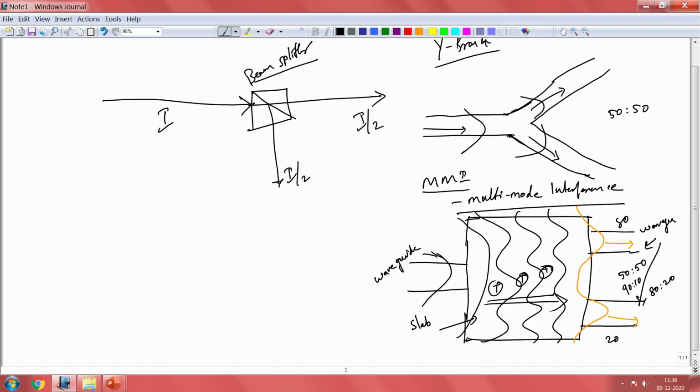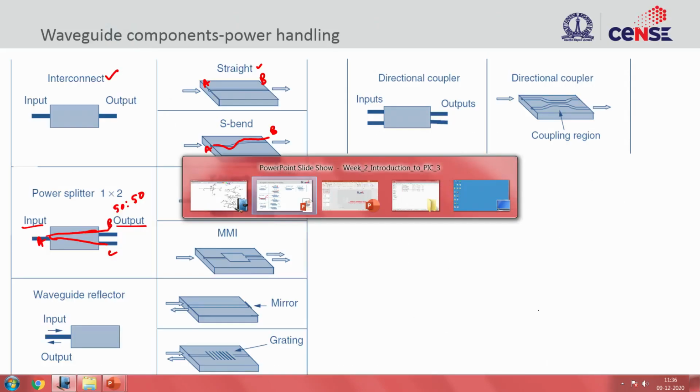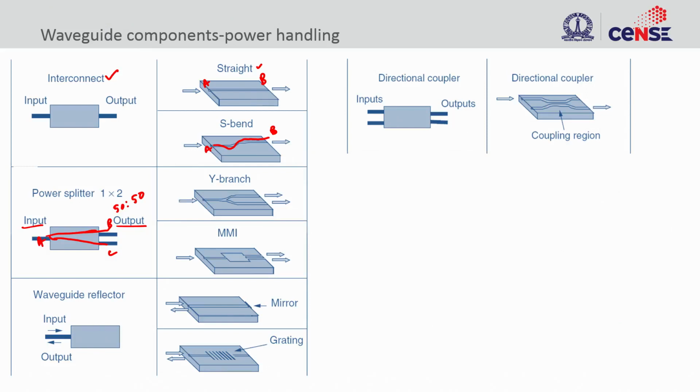All right. So, this is how we split light. This is a power splitter, and we can also combine light using this, right. So, instead of defining this as the input and these 2 as outputs, we can switch the direction. I can switch this direction, so it becomes a power combiner.